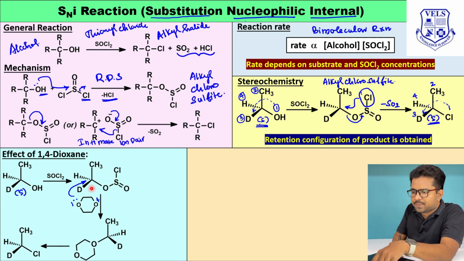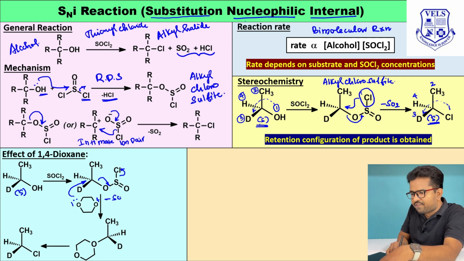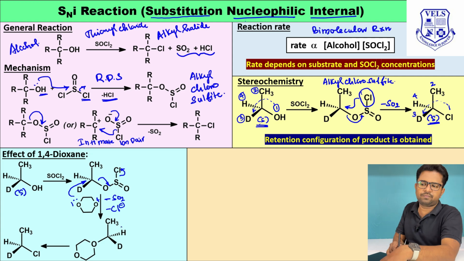This leaving group is present on the right hand side, so the nucleophile approaches from the left hand side. Once it attacks, this bond is broken, and the Cl takes the electrons and leaves as Cl minus. So sulfur dioxide leaves and chloride ion leaves.